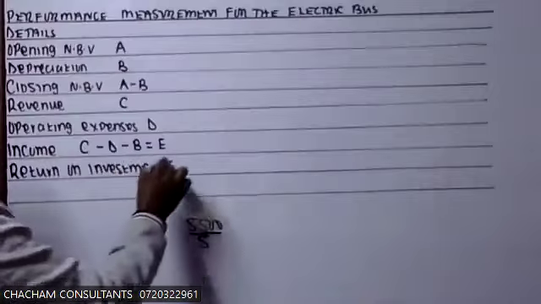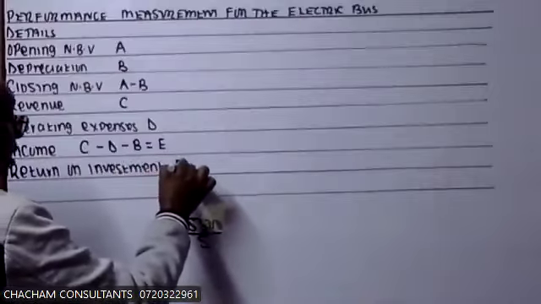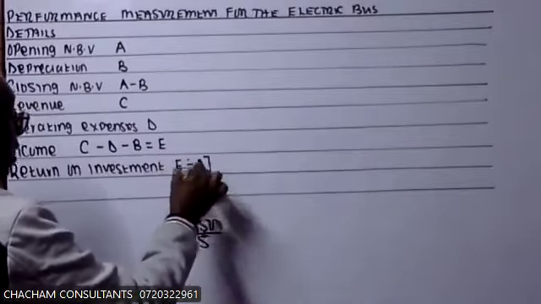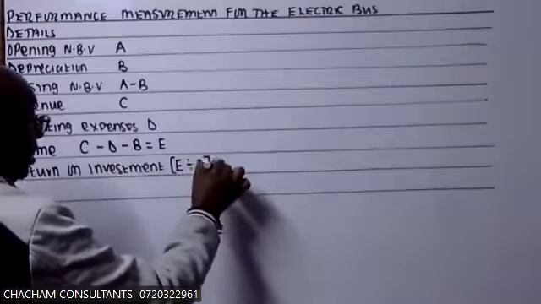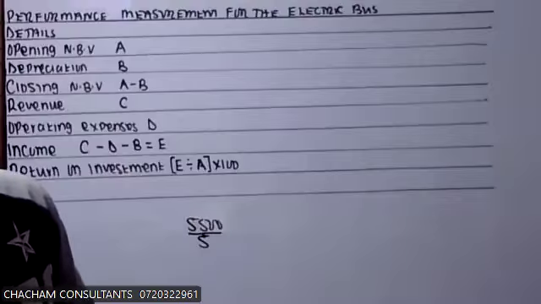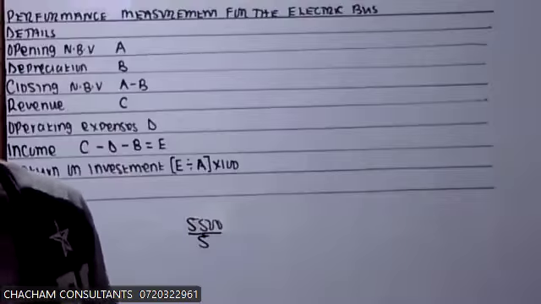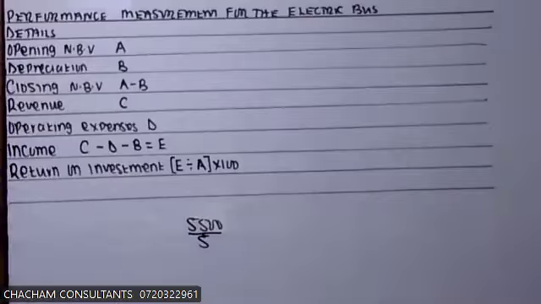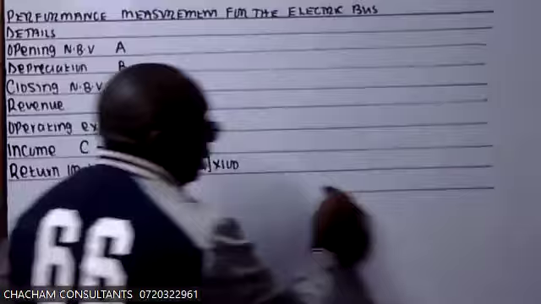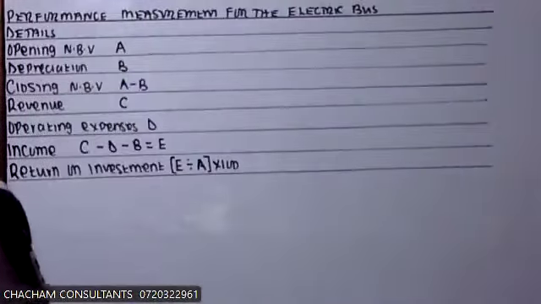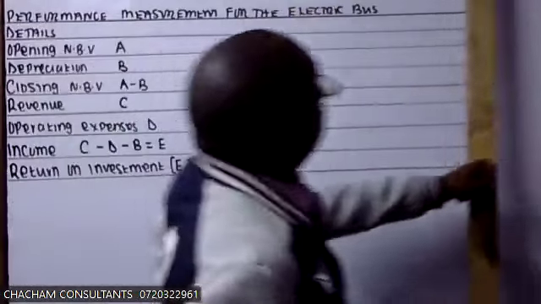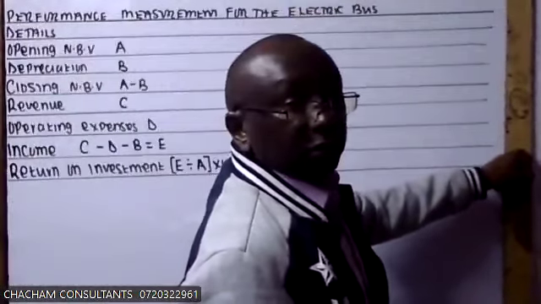And the return on investment will be given as E divided by A, multiplied by 100. And this one is what they are saying. Unaona information 4, that is the one that is explaining this formula. So sasa ikiwa namna hiyo, mimi nimekuja hapa nitafute mwisho.